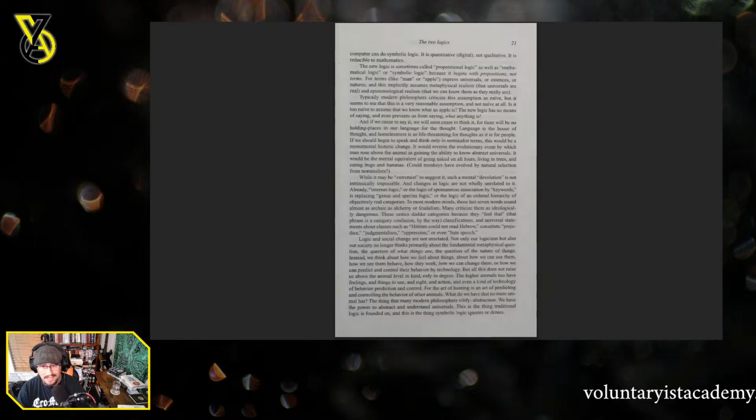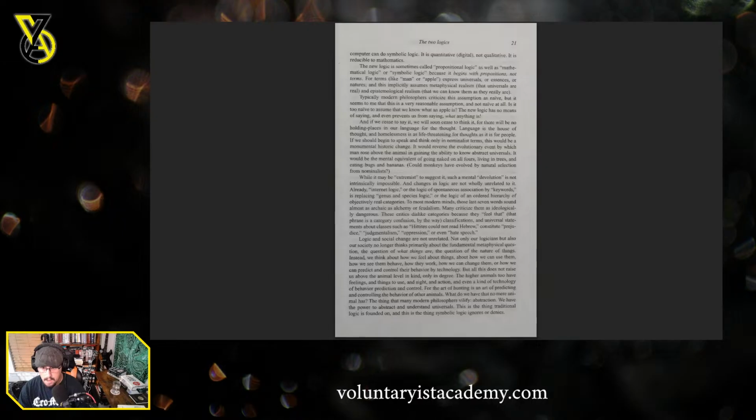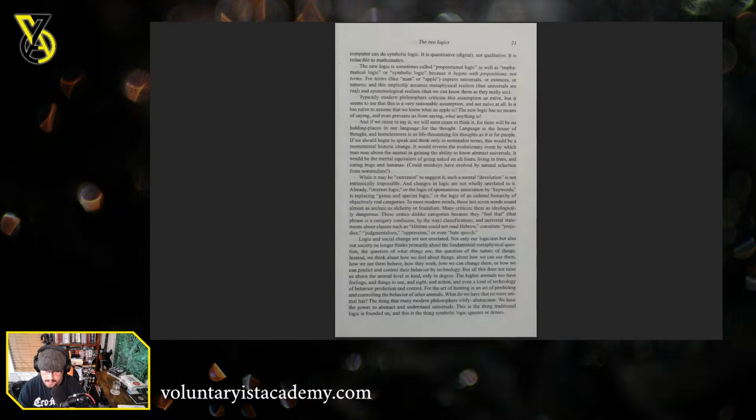Already, internet logic, or the logic of spontaneous association by keywords, is replacing genus and species logic, or the logic of an ordered hierarchy of objectively real categories. To most modern minds, those last 7 words sound almost as archaic as alchemy or feudalism. Many criticize them as ideologically dangerous.